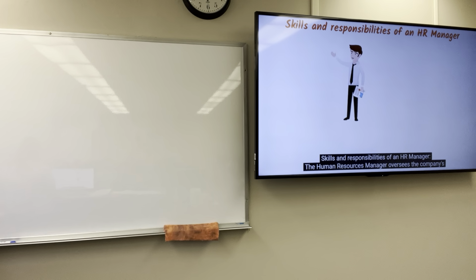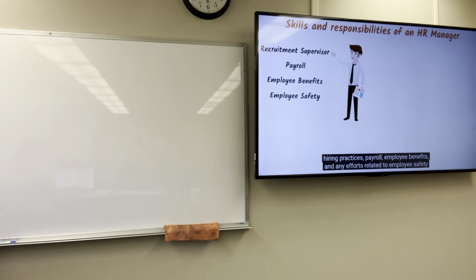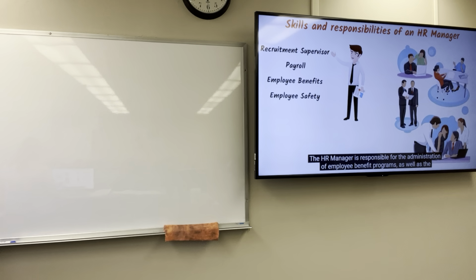The human resources manager oversees the company's hiring practices, payroll, employee benefits, and any efforts related to employee safety in the workplace. The HR manager is responsible for the administration of employee benefit programs, as well as the sourcing, screening, and hiring of new personnel.